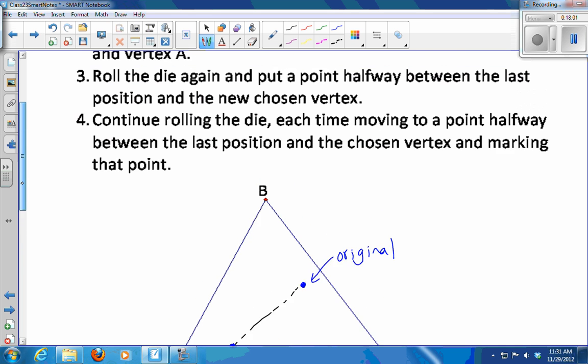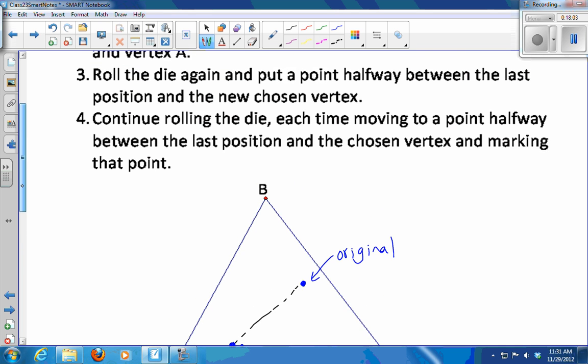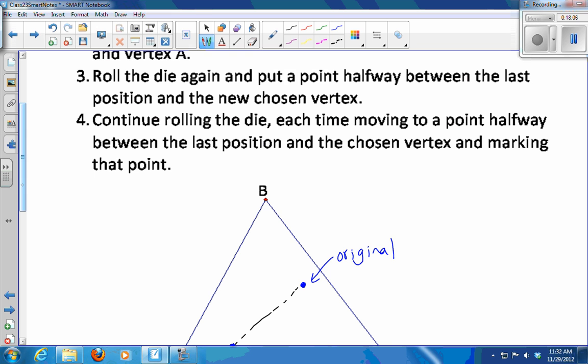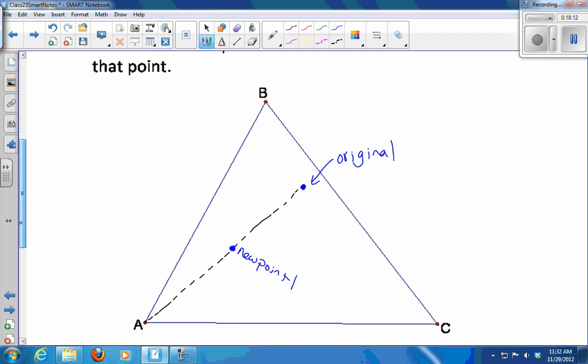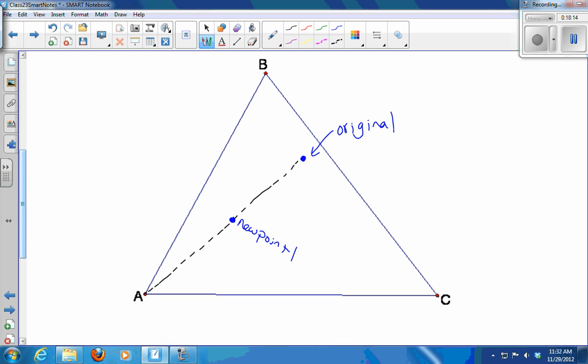Okay, so then you just keep doing this, right? Roll the die again and put a point halfway between the last position and the new vertex that your die told you to use. So let's say we roll again and we get a 5. That would correspond to vertex C, right? So I use my most current point, draw an imaginary line to vertex C, and I put a new point halfway between the 2.